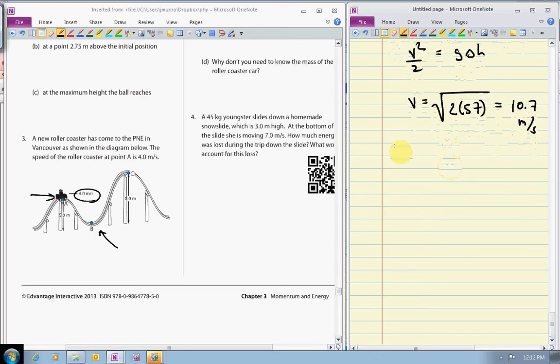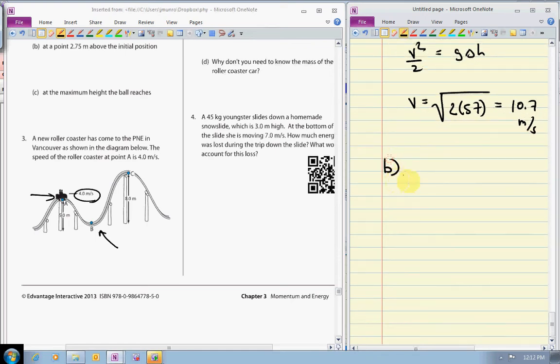For question B, we can use similar simplifications. Now that we know 10.7 squared, the kinetic energy without the m, and we know that 9.8, and the height there is 8, the total energy is conserved.